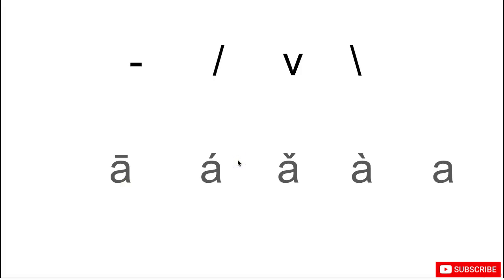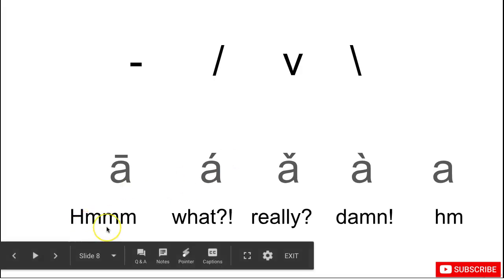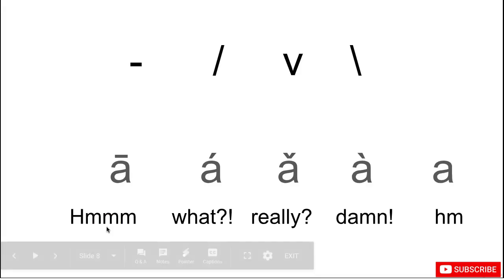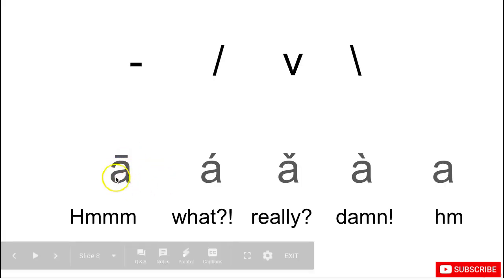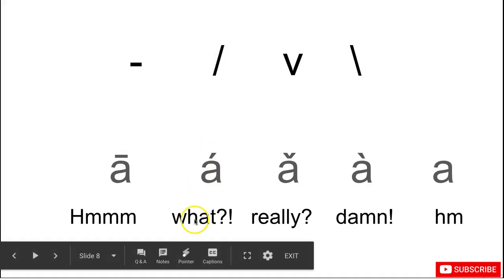The secret is simple. It's like saying "hmm, that's what it is" when someone asks you a question and you're trying to figure out the answer. That's how you remember that the first tone is high and level.